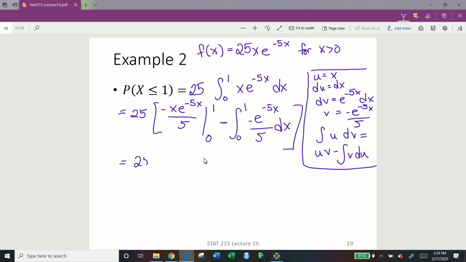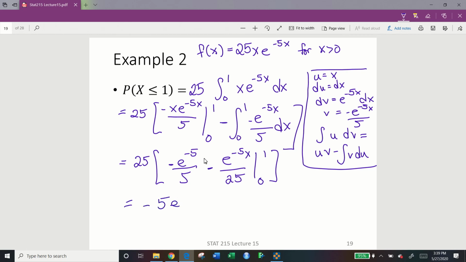This will become 25 multiplied by negative e to the negative 5 over 5 minus e to the negative 5x over 25, which we'll take from 0 to 1. Simplifying again, this will become negative 5 e to the negative fifth minus e to the negative fifth plus 1. If we type that into our calculators, we will get 0.96, thereabouts.